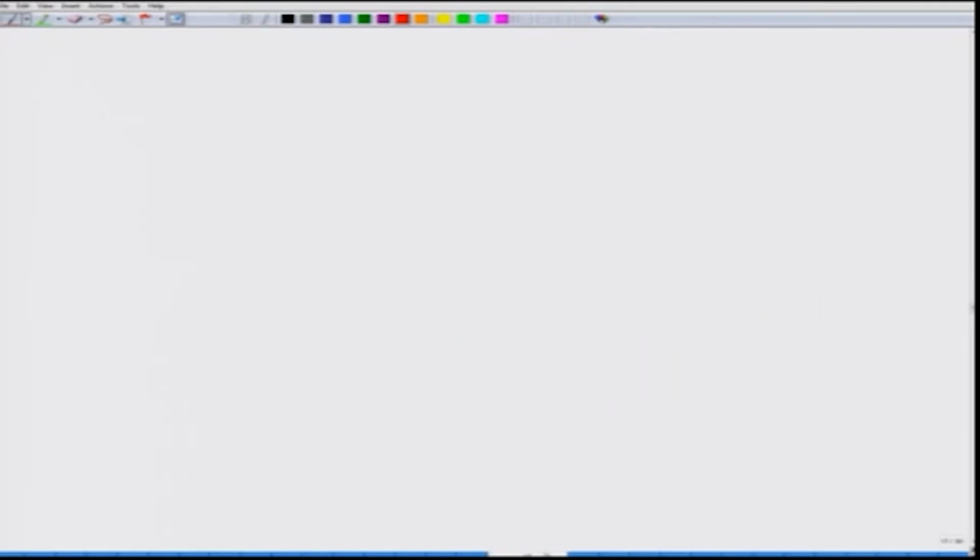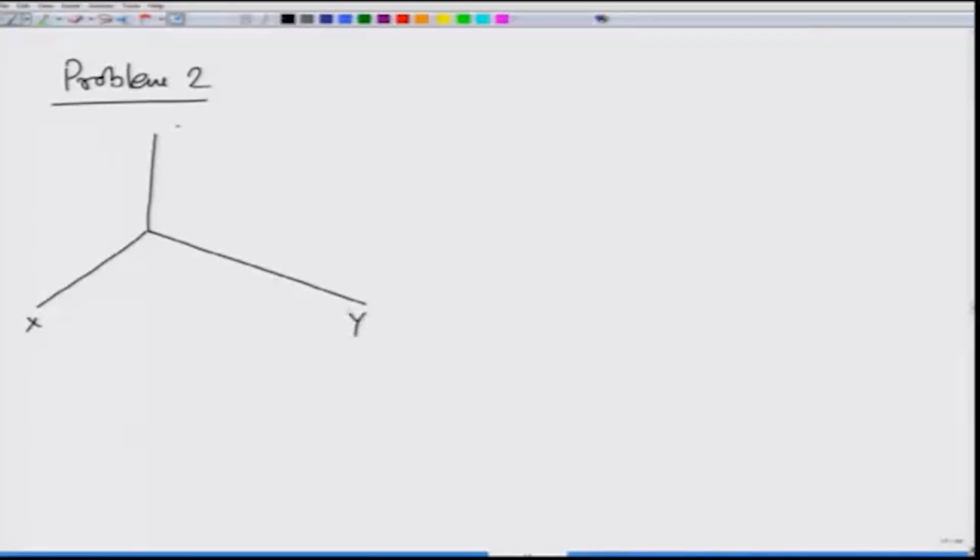Problem number 2. Figure shows, so let me draw the figure first. X, Y, Z shows a vector OA with projection on Z axis OC and projection in XY plane OB.